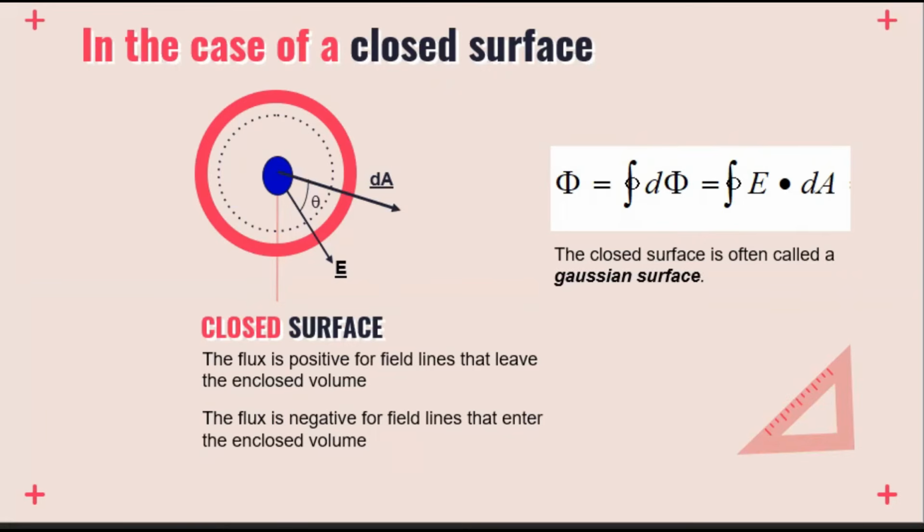Our flux density is negative if the field lines natin is entering our enclosed volume, or the field magnitude is coming from the outside to inside.